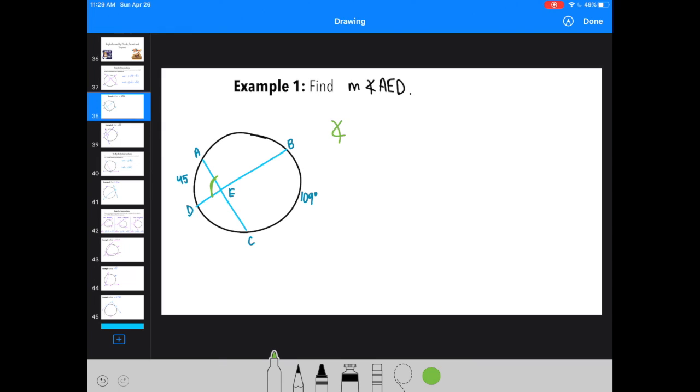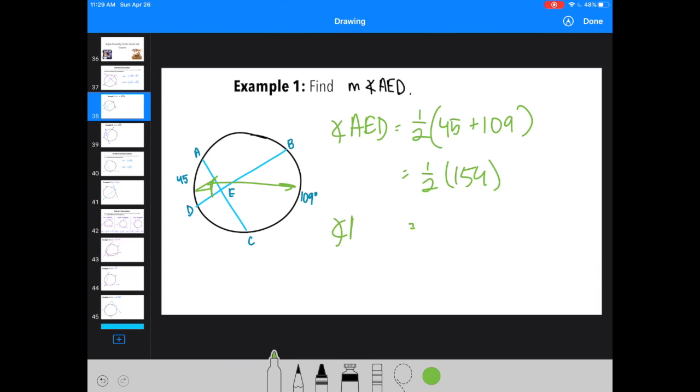In order to find AED, I'm going to set angle AED equal to 1/2 times arc AD, so 45, plus 109, because they're right across and it's all in alignment. 45 plus 109 is equal to 154. 154 divided by 2 is equal to 77 degrees. So my angle measure for AED is 77 degrees.